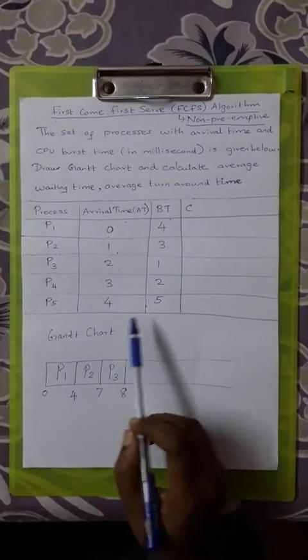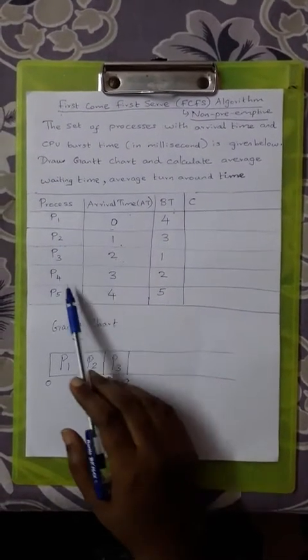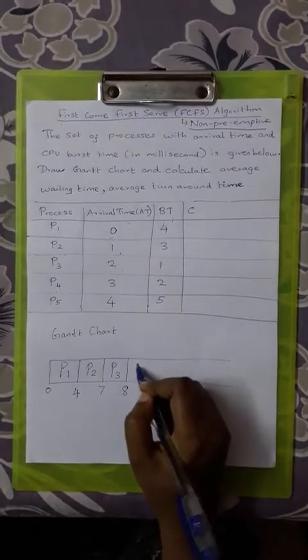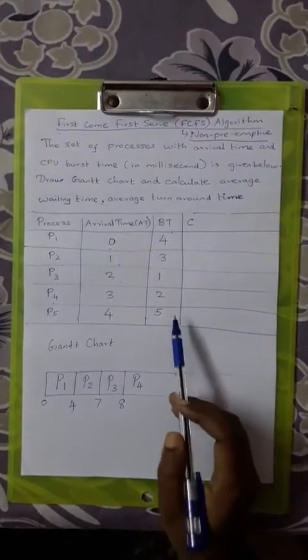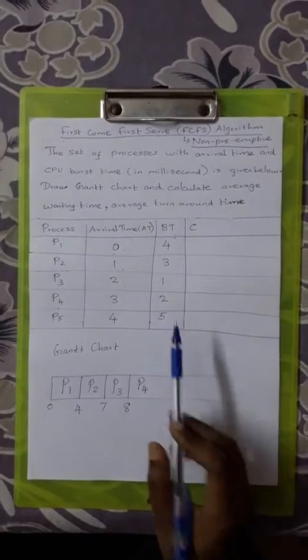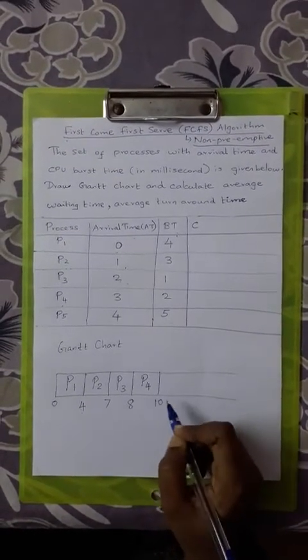Okay, next, the minimum arrival time is for process P4, that is 3 millisecond. Then process P4 will be executed. See, the execution time, that is the burst time of the process P4 is 2 millisecond. So 8 plus 2, 10 millisecond.